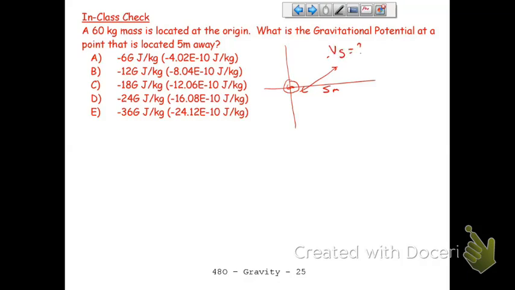I say VG is equal to, what was it, minus G, M over R squared, over R, man, shame on me, minus G, M is 60 over R, 5, which equals minus 12G joules per kilogram.